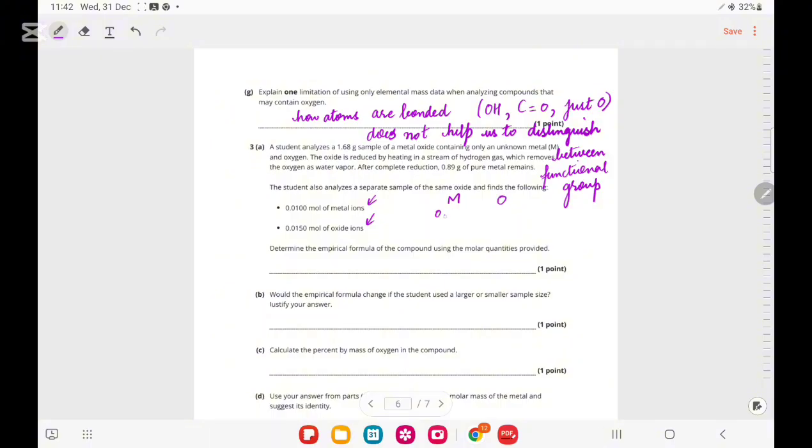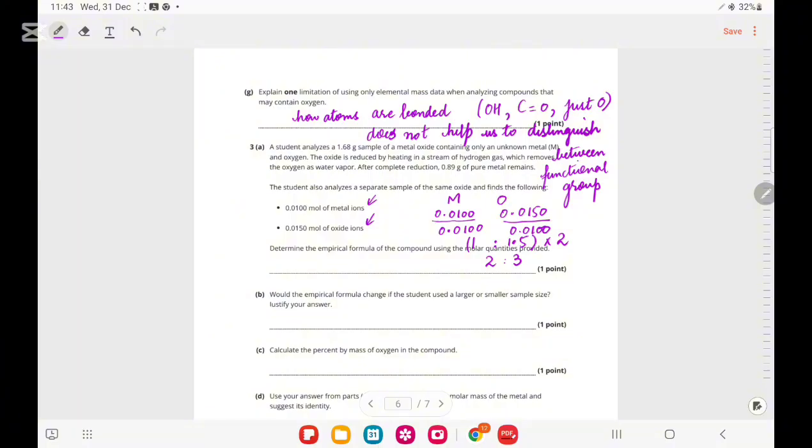Metal ion is 0.0100, and then we have oxide ion, which is 0.0150. So we have to divide with the smallest value, 0.0100. It comes out to be 1 ratio 1.5. We have to convert it into whole numbers by multiplying it with 2. So it comes out to be 2 ratio 3.